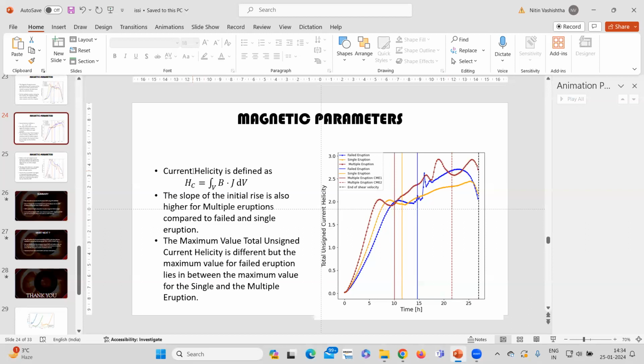And so I think at the 15 hour mark, the flux rope forms in the case of the failed eruption, and it falls back to the solar atmosphere, the solar photosphere.